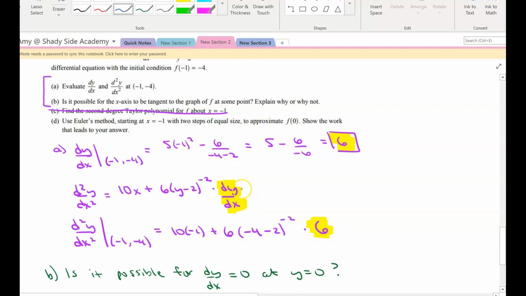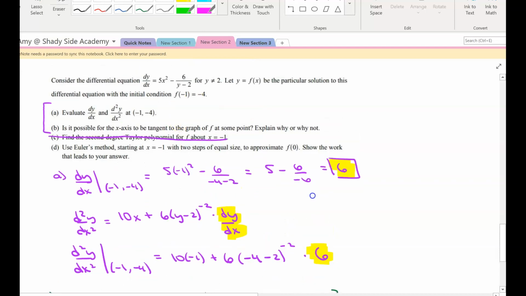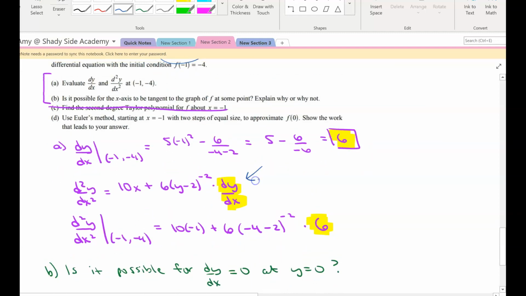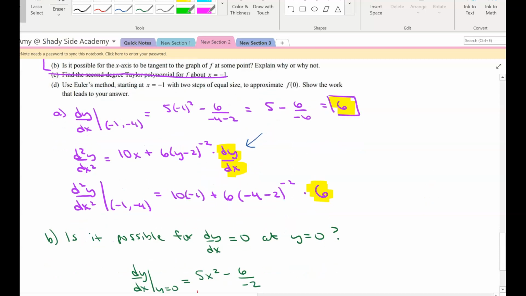And ordinarily, I would put dy/dx, this entire expression, back in here. But it's not asking me to do that, first of all. And secondly, I have to evaluate the second derivative at (-1, -4). And that's really great because I already took care of this value at (-1, -4) above. So I just plop that into here, okay?